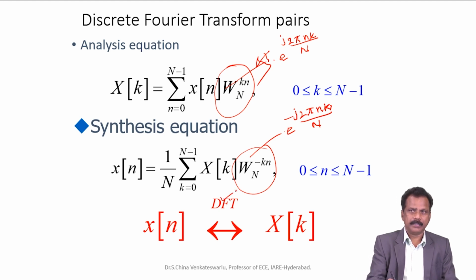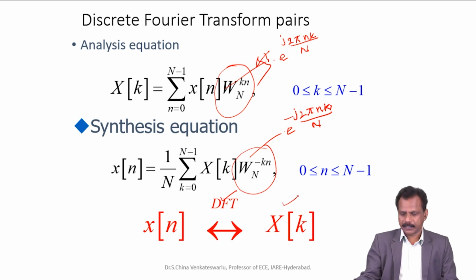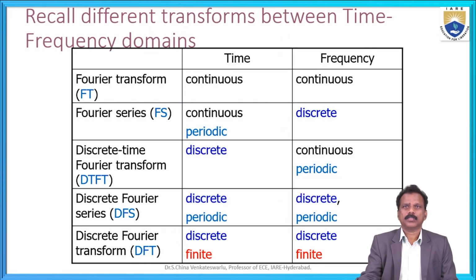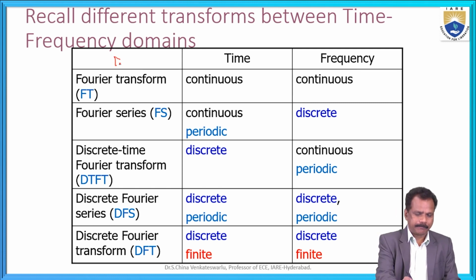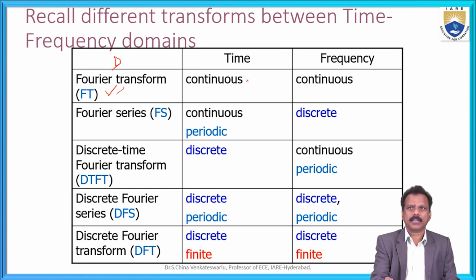Now x of n is applied with the DFT, where we have to verify x of k. Recall the difference between the transforms in these two domains. In the Fourier transform, time is continuous and frequency is continuous.